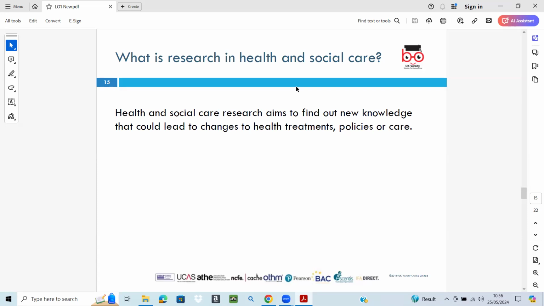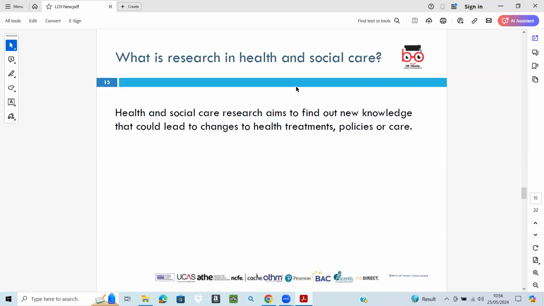Right. So now we have what is research in health and social care. Research in health and social care plays a vital role in advancing our understanding of health-related issues and social welfare, ultimately leading to improvements in treatment, policies, and care practices.